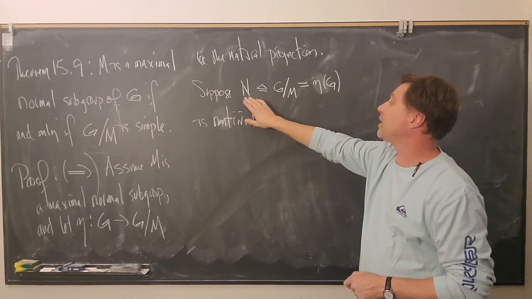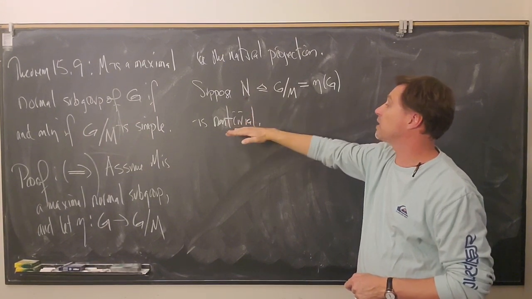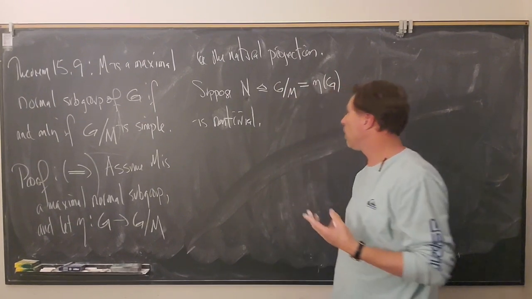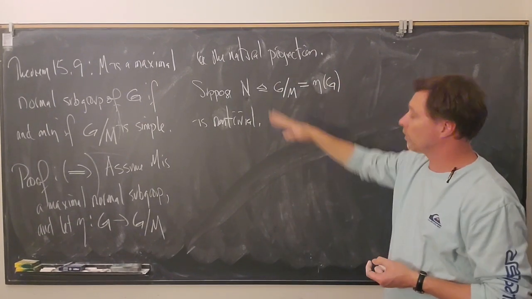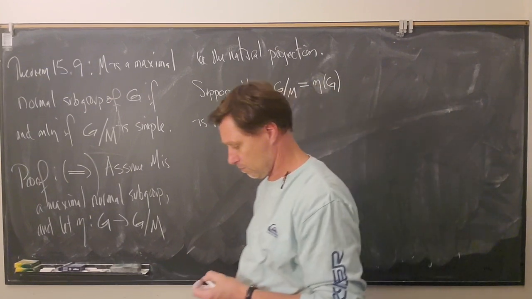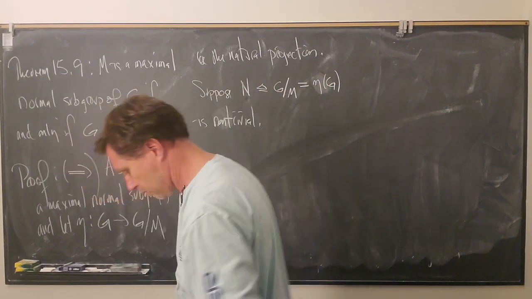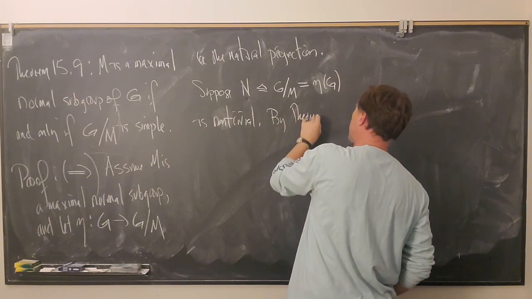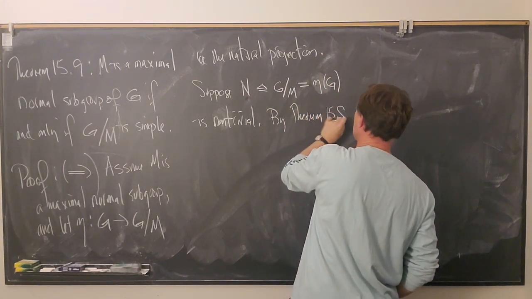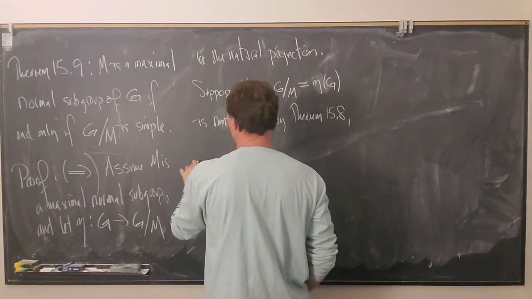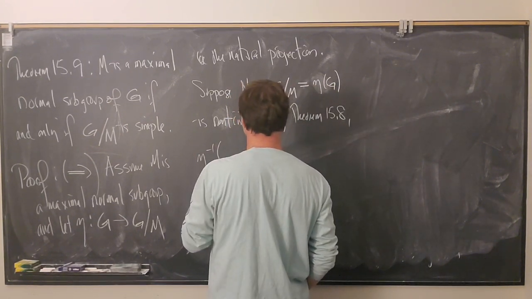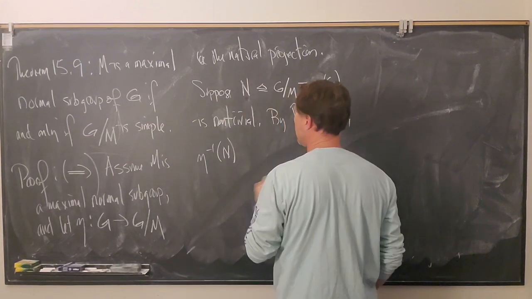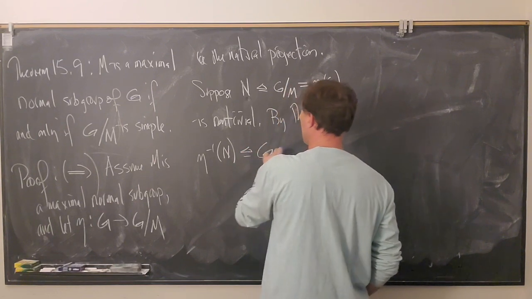So if I've stated here that we've got a normal subgroup that's non-trivial, to conclude that G mod M is simple, what we would need to show is that N is all of G mod M. So by our previous theorem, that was 15.8, the inverse image of N is a normal subgroup of G.